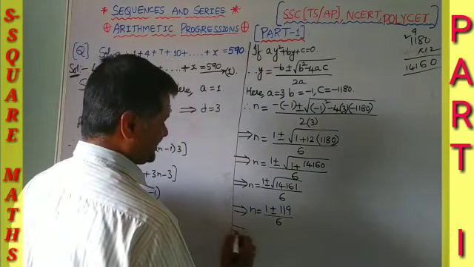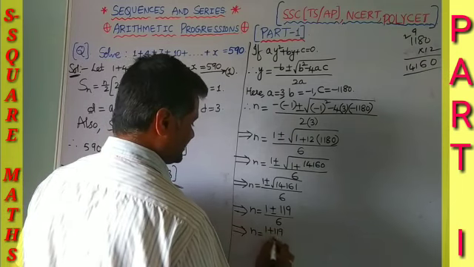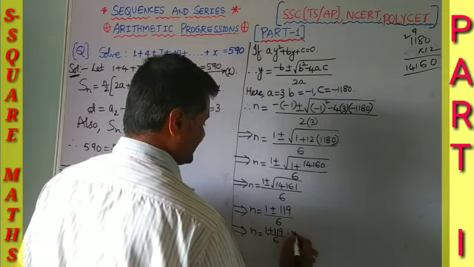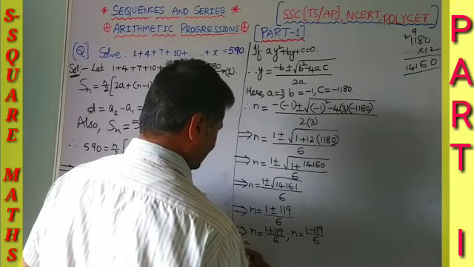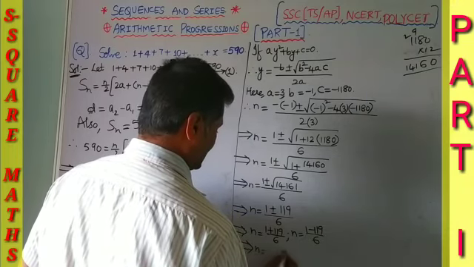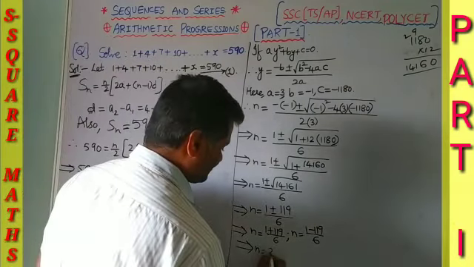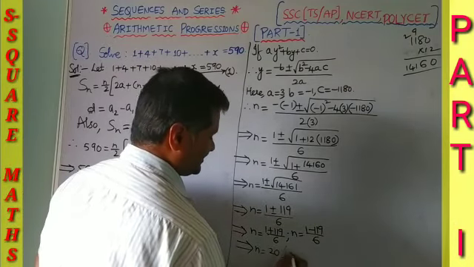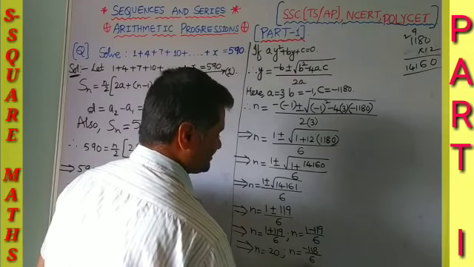So consider n is equal to 1 plus 119 by 6 and n is equal to 1 minus 119 by 6. Here n value is 119 plus 1, 120 by 6, nothing but 20 you will get, and here n is equal to minus 118 by 6.